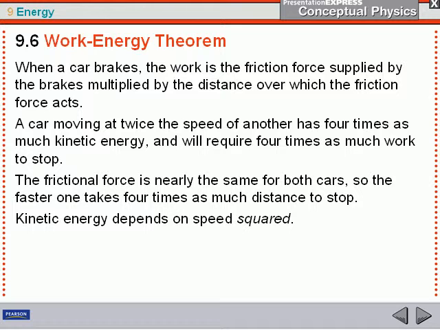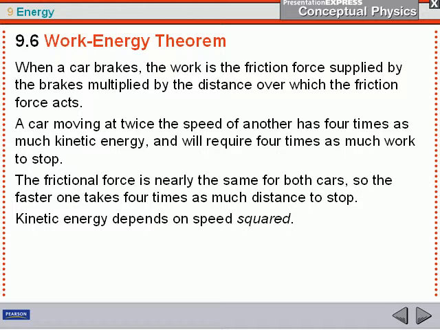Now this is important in terms of driving, and especially driving around campus. Every time you double your speed, you're going to have 4 times as much kinetic energy, and that will mean you're going to require 4 times as much work to stop.